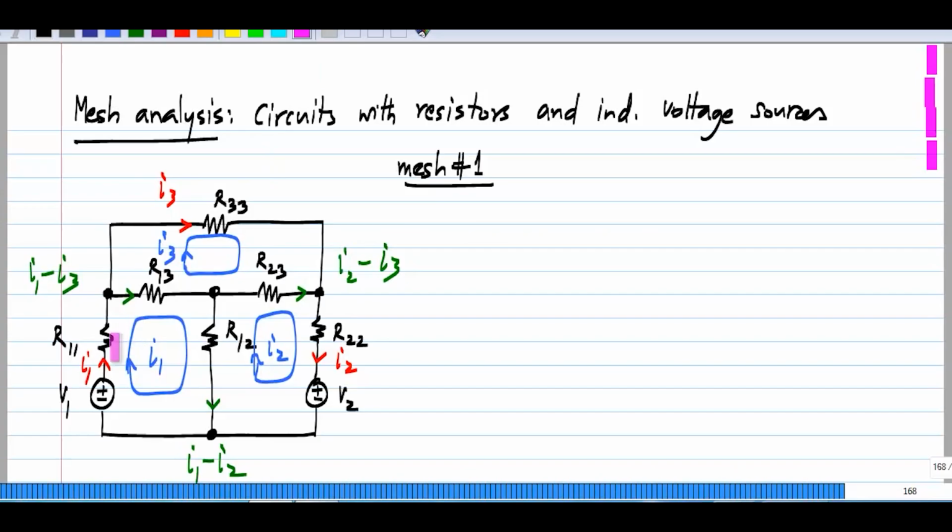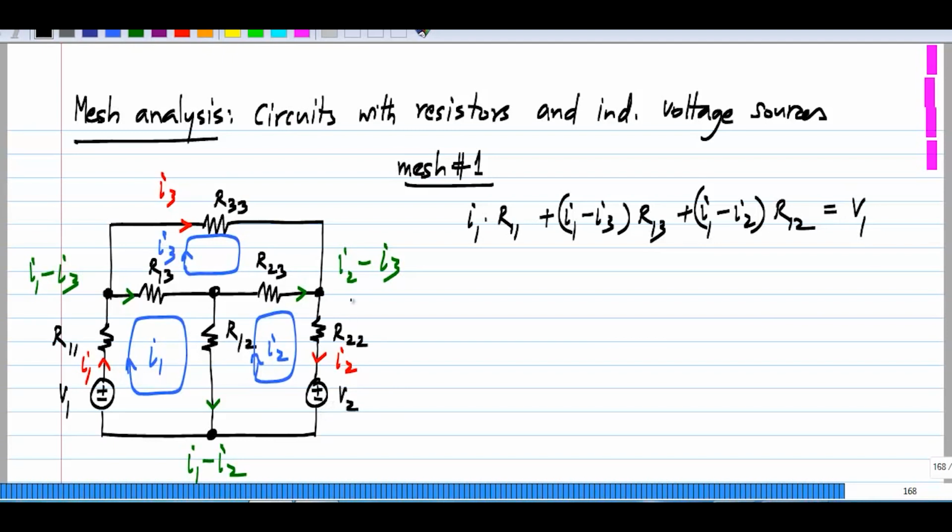The voltage drop across R11 is simply I1 times R11, and the voltage drop across R13 is its current, I1 minus I3, times R13, and the voltage drop across R12 is I1 minus I2, that is the current through R12, times R12, and that will be equal to the rise of voltage V1.